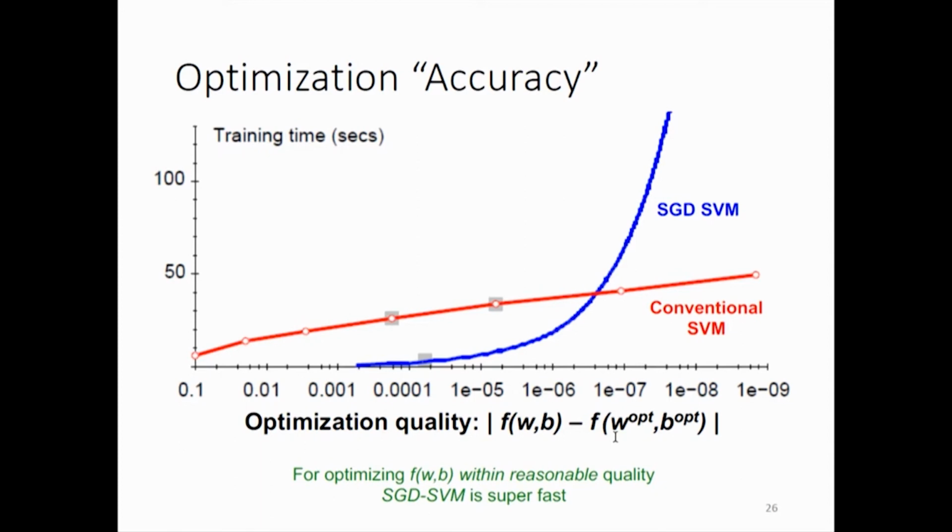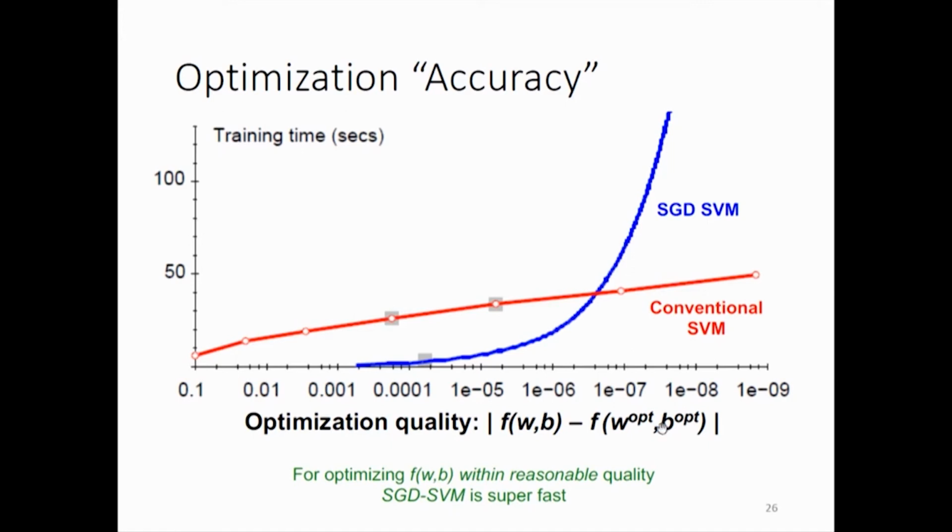In this case, he computed the actual true optimum, which is the lowest value that the objective function f can have, and he is plotting how much higher the obtained value is compared to the true optimum.